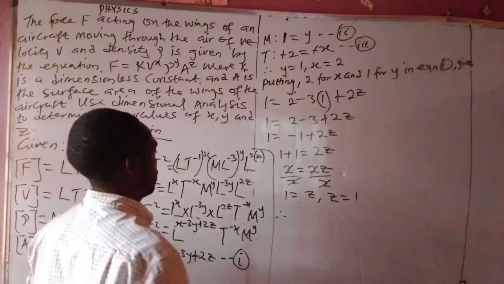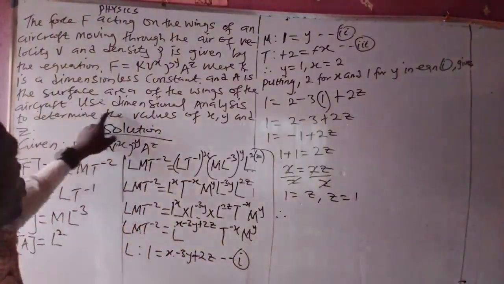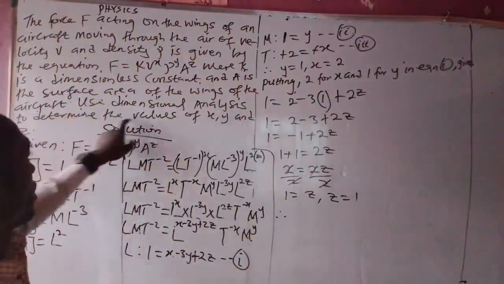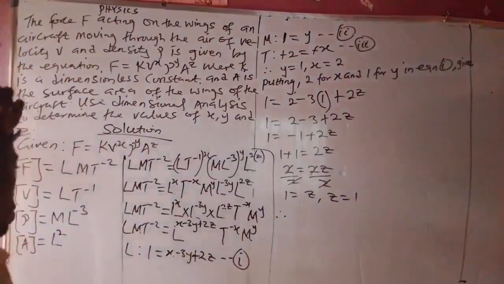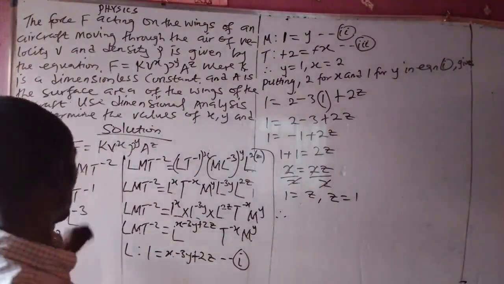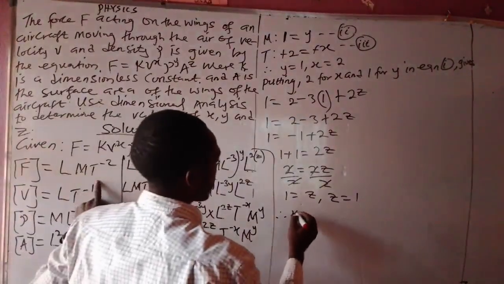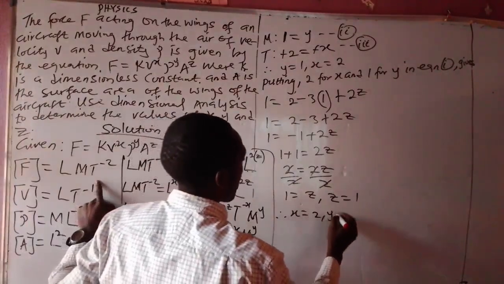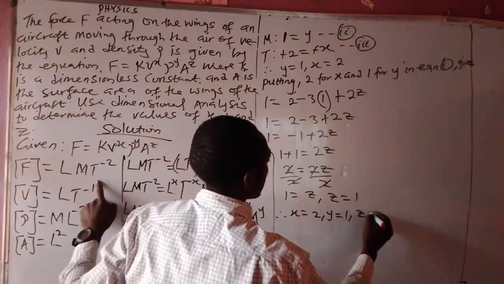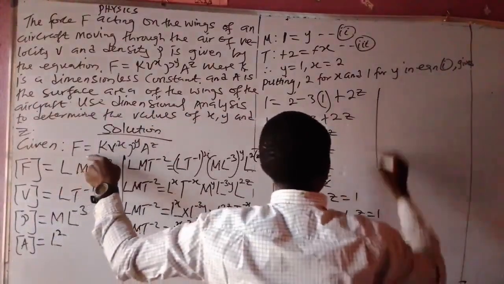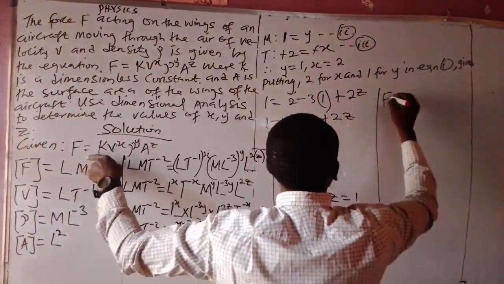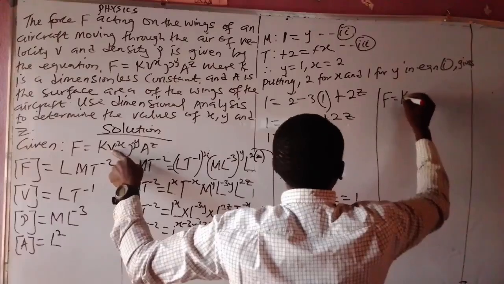So therefore, they said use dimensional analysis to determine the values of x, y, and z. So what we do is we come back to the main question. We already know that x is equal to 2, y is equal to 1, z equals to 1. So we come back to the original equation. We have the equation given to us here as F equals k.